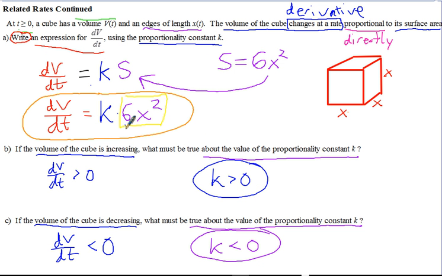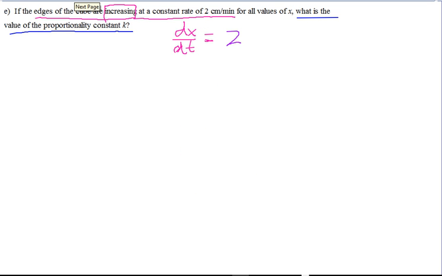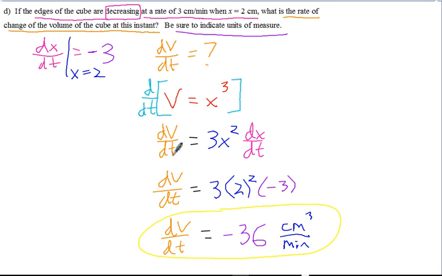We had dV/dt equals kx squared. Okay, sorry, k times 6x squared. But we also know from part D that when you take the derivative of volume, you get dV/dt equals 3x squared dx/dt.